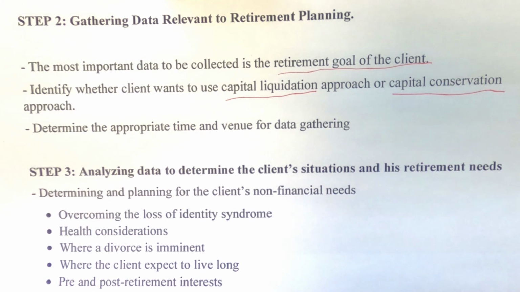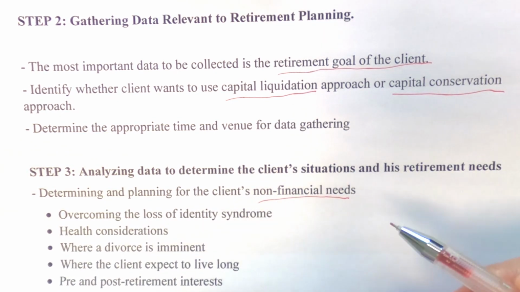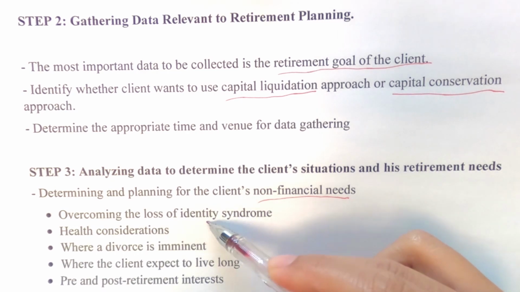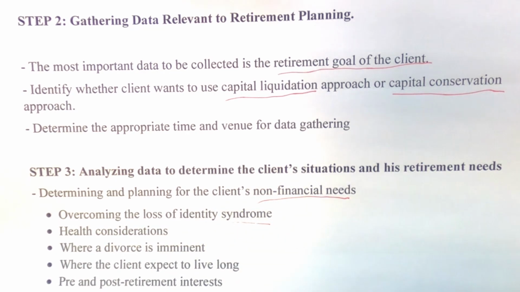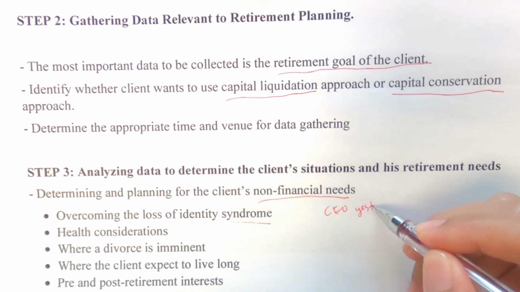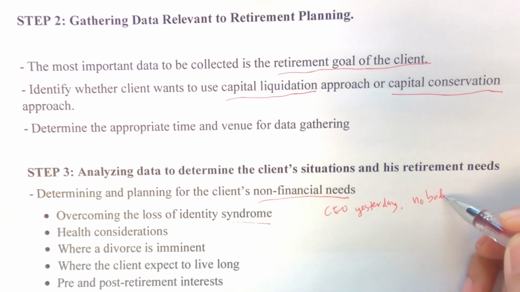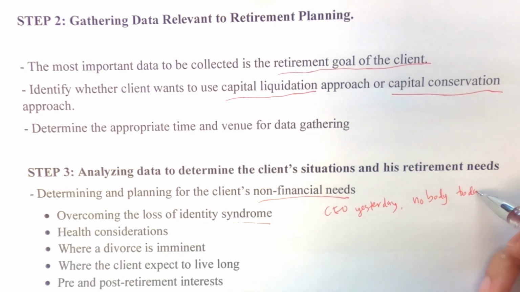In step 3, we have to analyze data to determine the client's situation and his retirement needs. For example, some of the client's non-financial needs include overcoming the loss of identity syndrome, where the CEO yesterday will be nobody today.